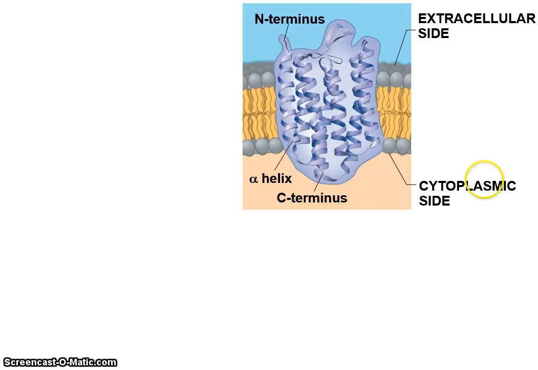Here's a diagram of a protein in the cell membrane, and hopefully you recognize the alpha helixes. Remember, this was from our biochem chapter where we talked about how proteins had secondary structures. If you notice, the alpha helixes are aligned with the lipid portion, and that would mean the alpha helixes must be hydrophobic.